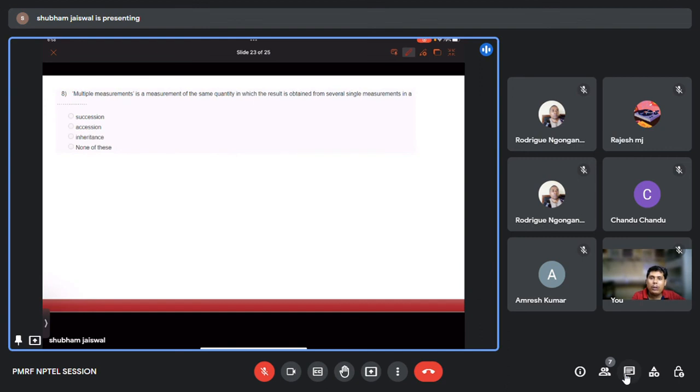Multiple measurement is the measurement of the same quantity in which the result is obtained from several single measurements in a succession, accession, inheritance, or none of these.